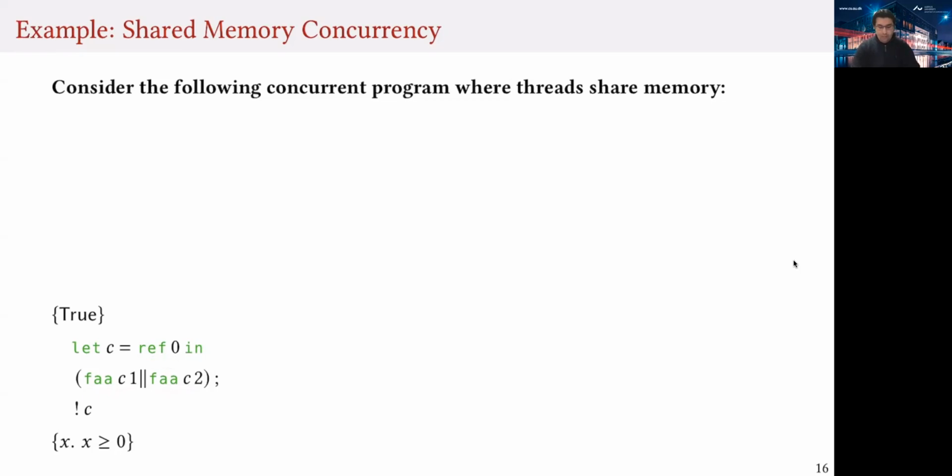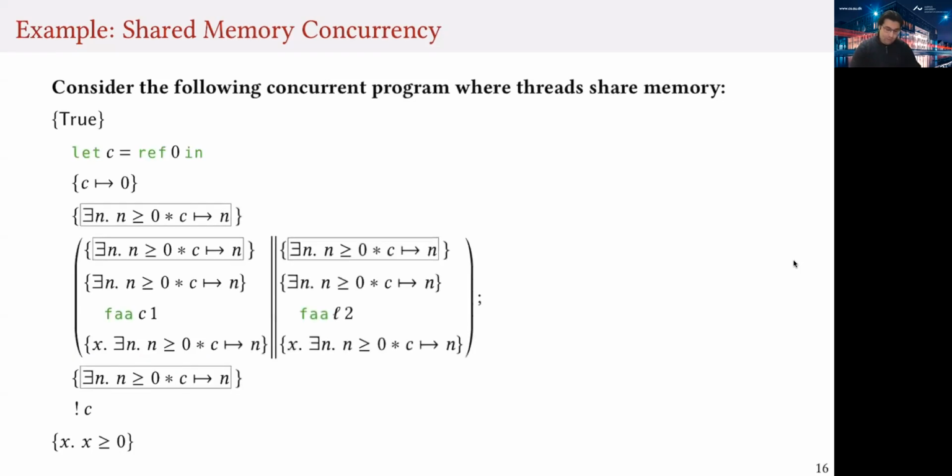So we have to actually use an invariant to say how this reference should be used by the different threads and different parts of the program that share it. What should that invariant be? Well, let's take the property that we want to prove, that the value of C should always be non-negative. And that is exactly what we do.